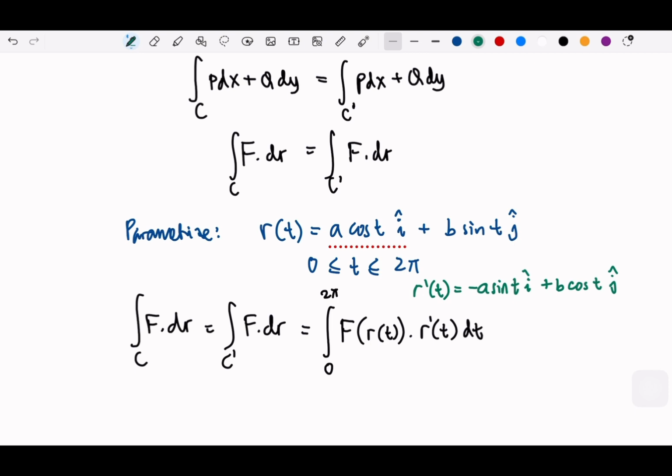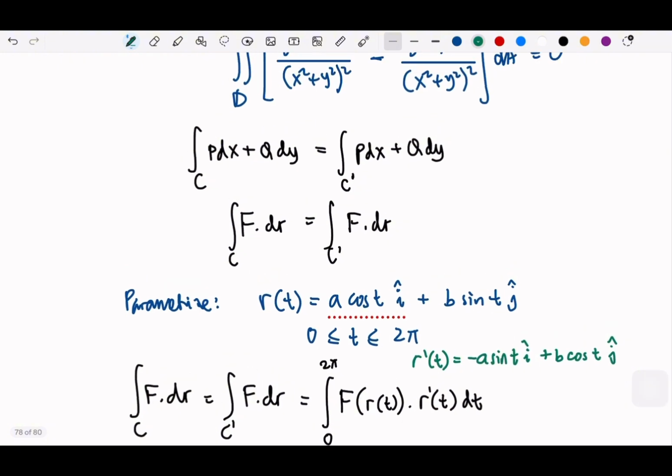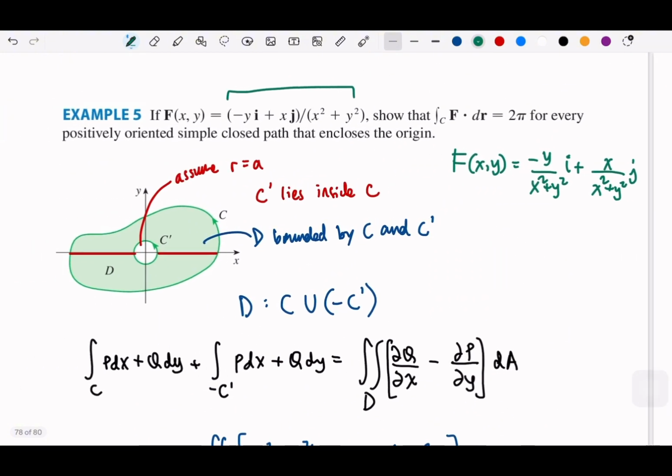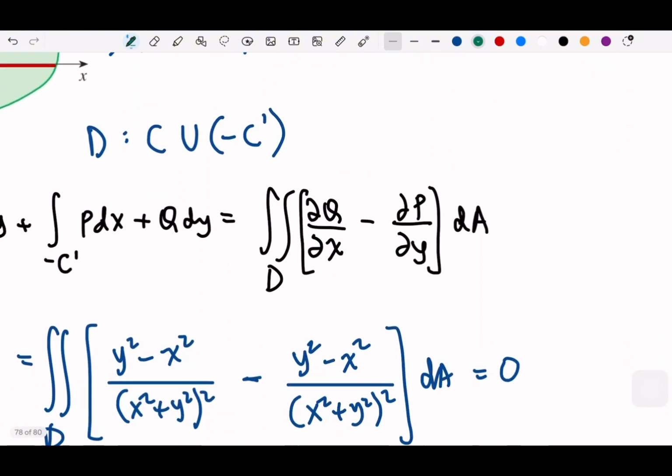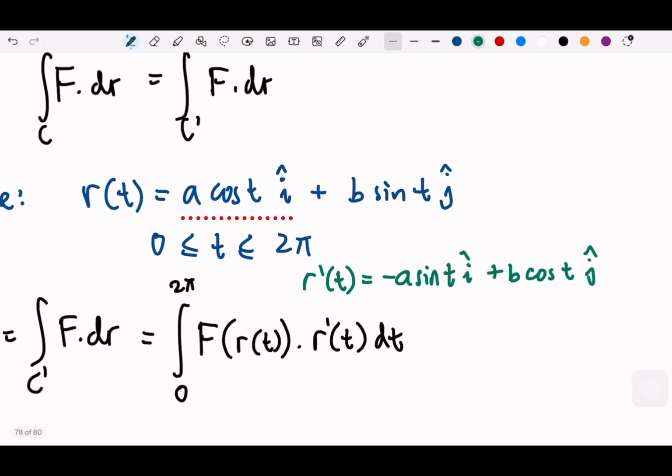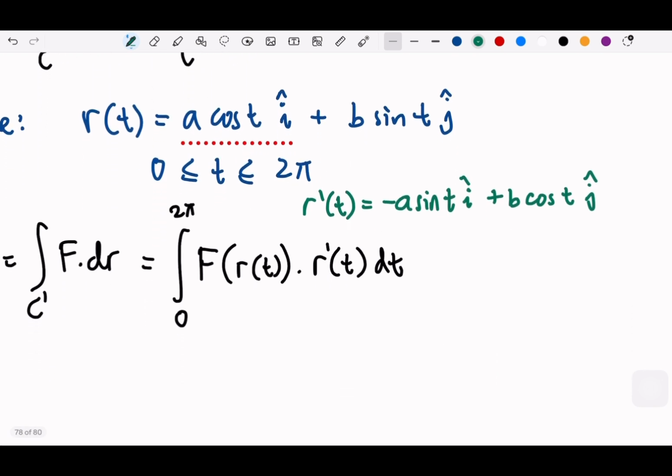And then r(t), we are going to substitute into the x squared plus y squared, taking y as b sine t, and x as a cosine t, and then multiply both of them with the sign here.